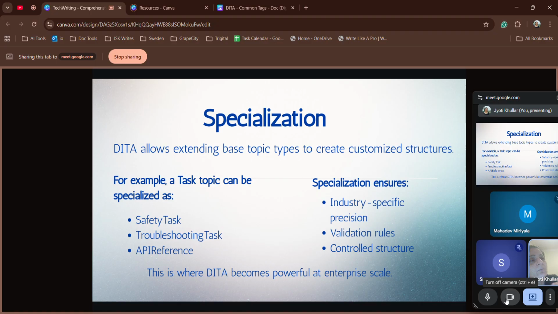In that case I will create my own specialized note type as well. So it's not just the topic type, but specialization comes at the topic type, element type, and similarly in other areas.